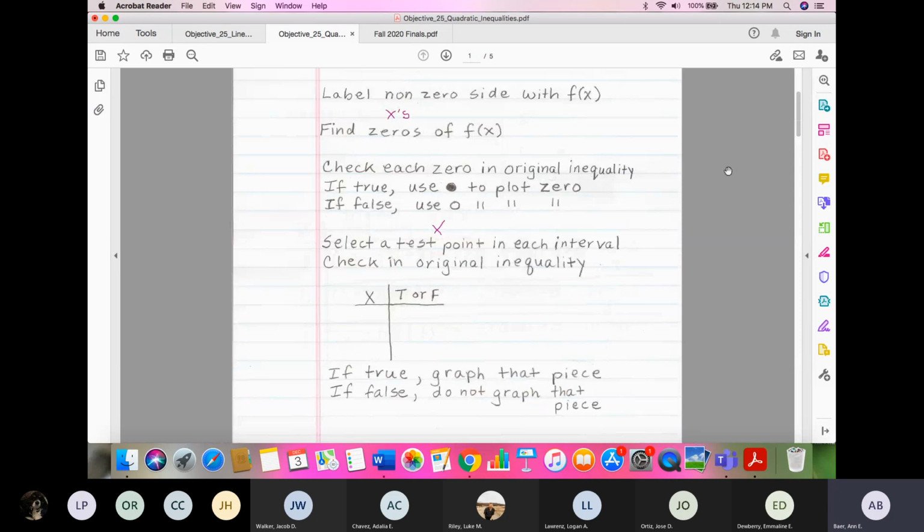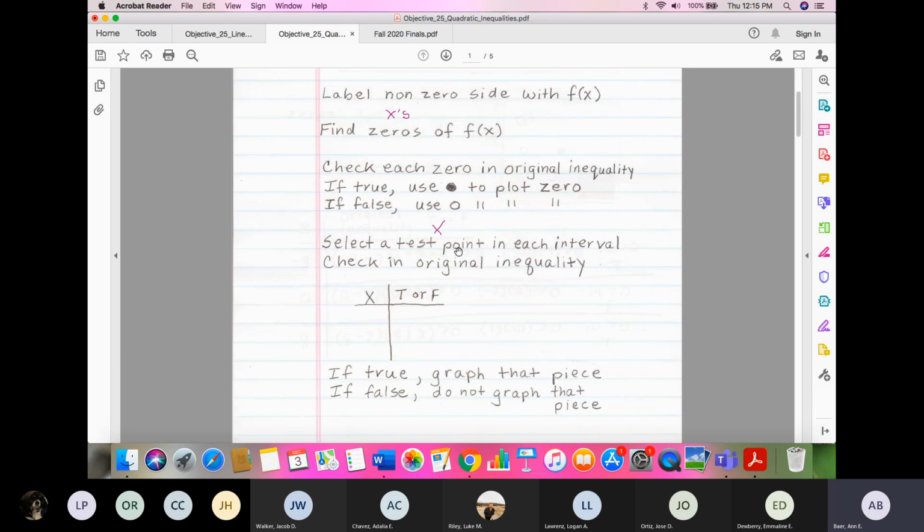You want to select a test point in each interval. You don't want to select the ones you've done up here. You want to select a test point off the boundary. What you're really finding up here with these zeros are the boundary points. You want to select a test point not on the boundary.